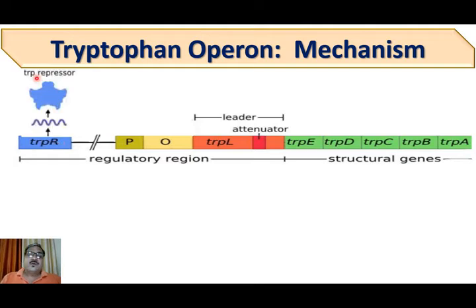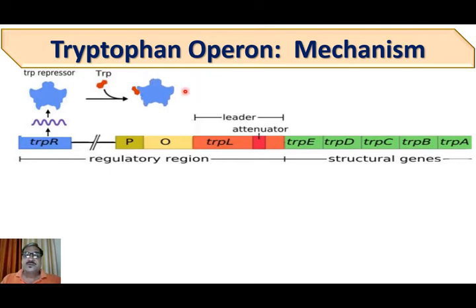Now here the TRPR gene produces this TRP repressor. As the tryptophan amino acid in the medium is less in number, the tryptophan cannot bind to the repressor and there is no conformational change in the repressor.